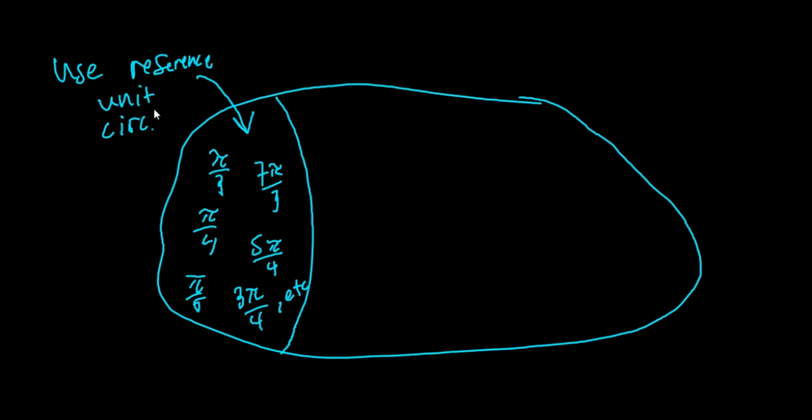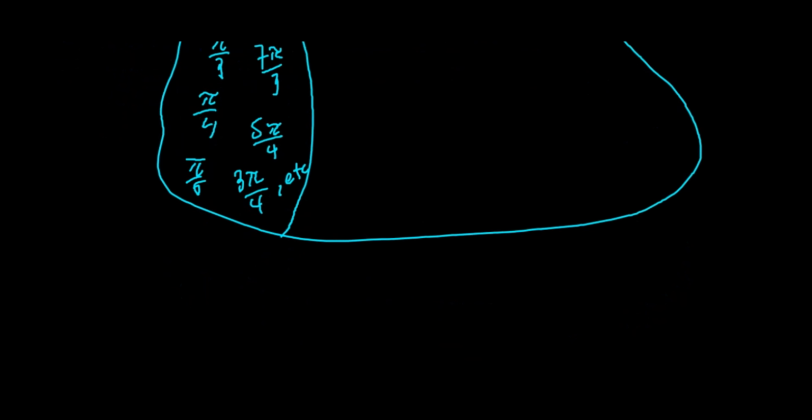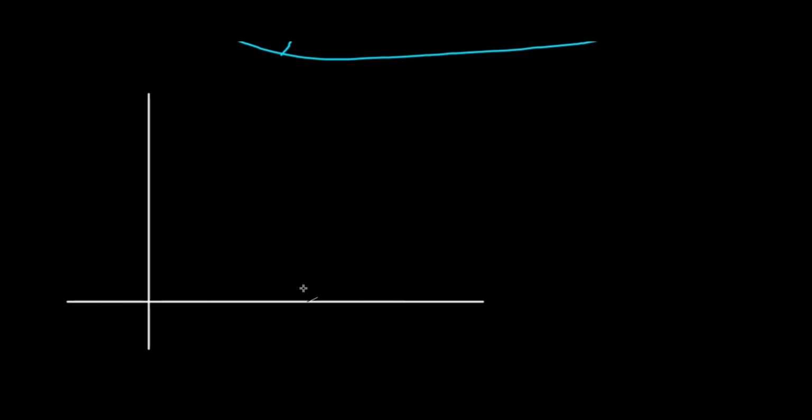And this reference unit circle will look something like this. I'm just going to draw the top right quadrant, so the first quadrant, of what a reference unit circle might look like. And you can just Google this or look in your textbook for a reference unit circle. So this reference unit circle will have, say, pi over 6, pi over 4, and pi over 3.